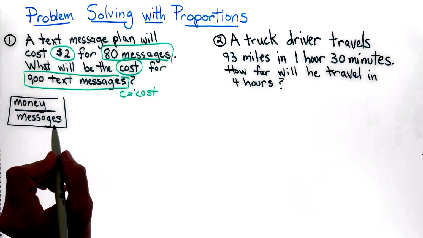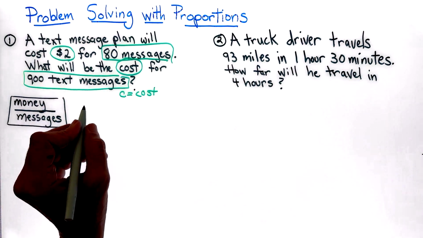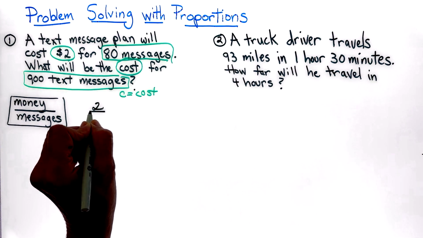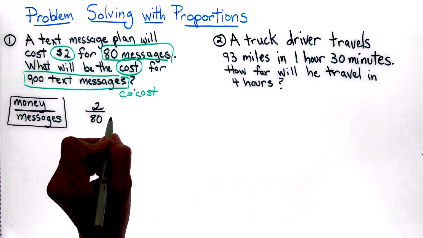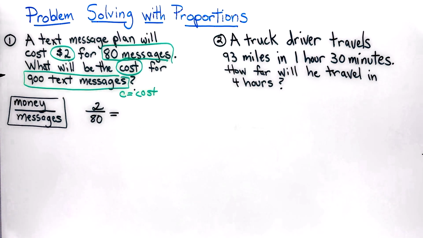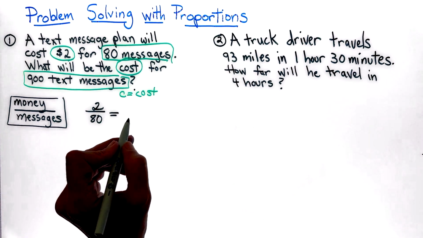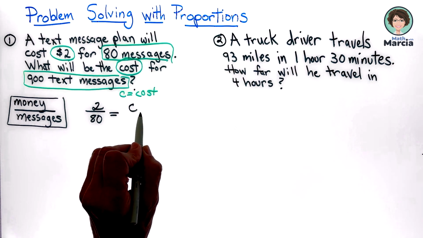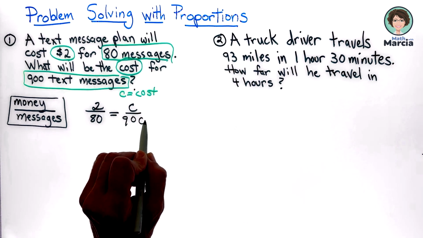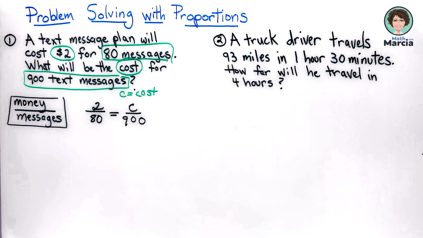So the money that we're talking about for the first sentence was $2, and we don't need to put the dollar sign, for 80 messages. And our second question states we're looking for the cost. So there is our money, and we will have looking for 900, a lot of text messages.